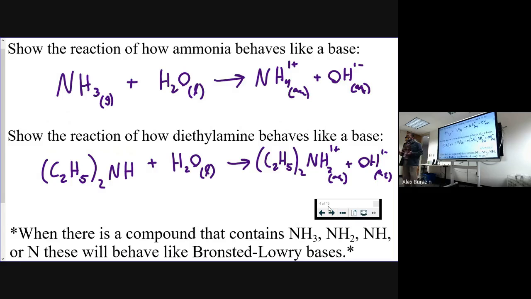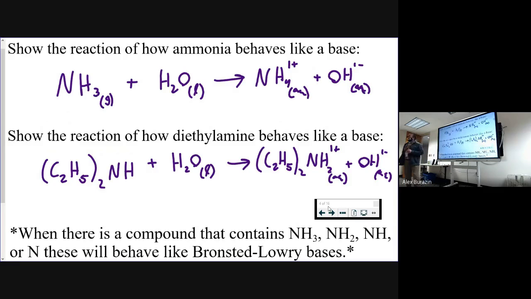So how in the world can I know that it's a base? I've got to pick out that nitrogen group. It might be an NH2, it might be an NH3, it might be an NH. But if you see some molecule with the nitrogen group, it's a base. It's going to behave like a base. It's going to take a hydrogen from the water, and it's going to produce hydroxide in the process.